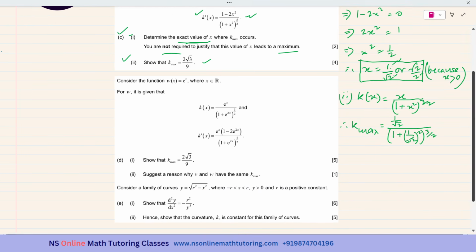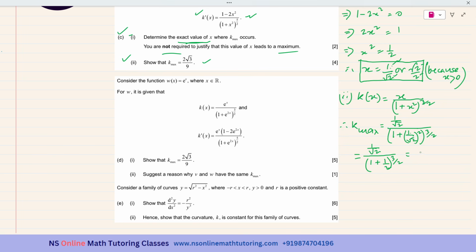Okay. So this is equal to 1 over root 2 and 1 plus 1 over root 2 whole square is 1 square is 1 and root 2 square is 2. So it is half raised to the power of 3 over 2.